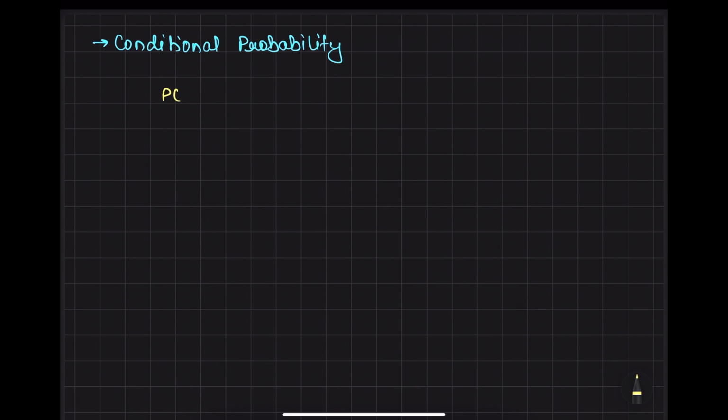We will be asking questions based on this idea: probability of A given B. How will you read this? You will read it this way: it is probability of A given B, meaning given that B will happen, now find the probability of A.